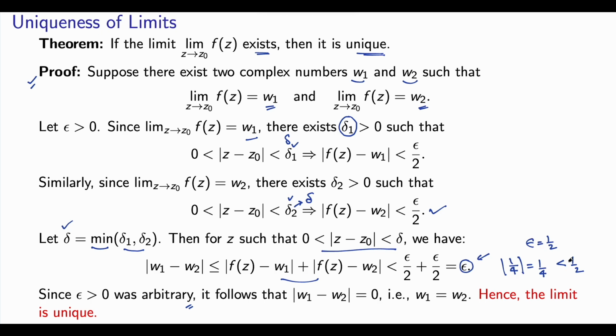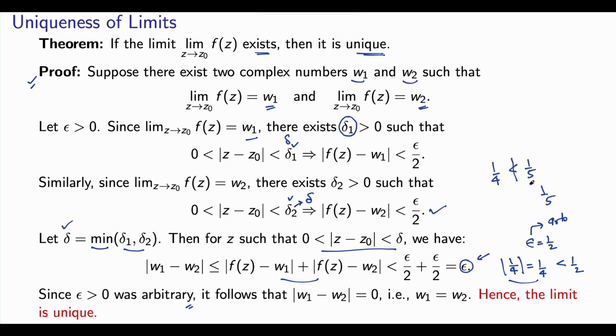But since epsilon is arbitrary, someone comes in and says no, I want epsilon to be 1 by 5. Then this result may not hold true, because 1 by 4 is not less than 1 by 5.